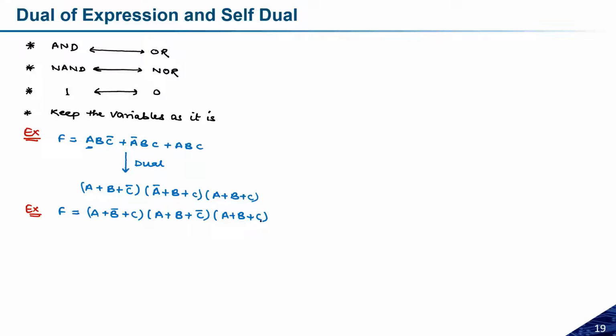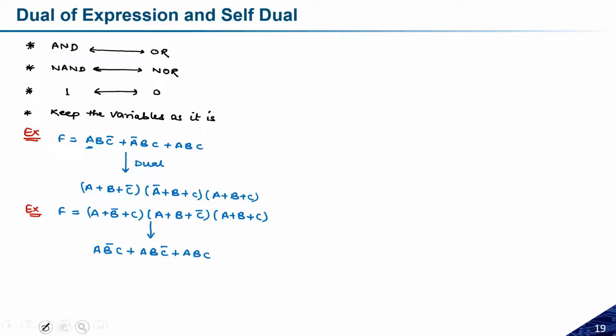Now let us try to find the dual of this expression. How to do that? Follow the same procedure: replace dot with plus and plus with dot, and keep the variable as it is. So it will become a b bar c plus a b c bar plus a b c.